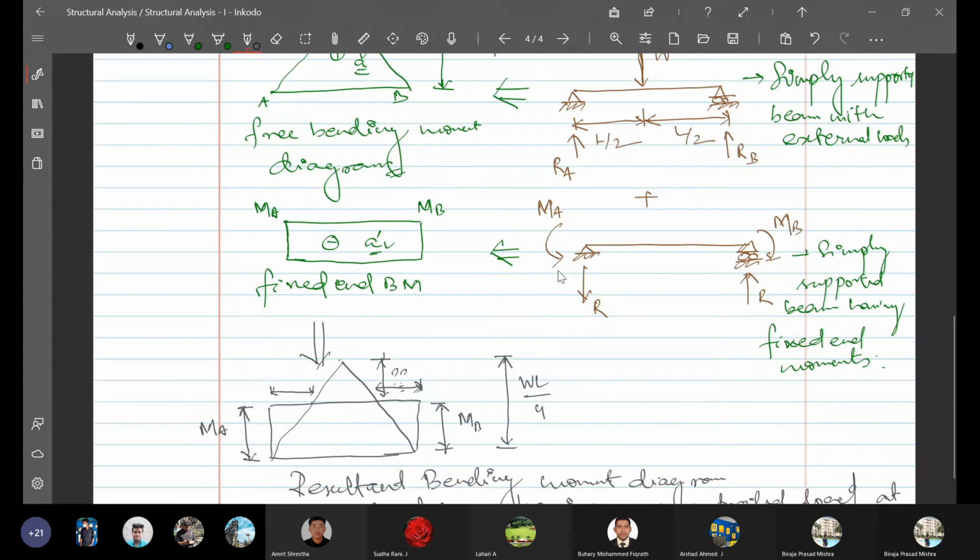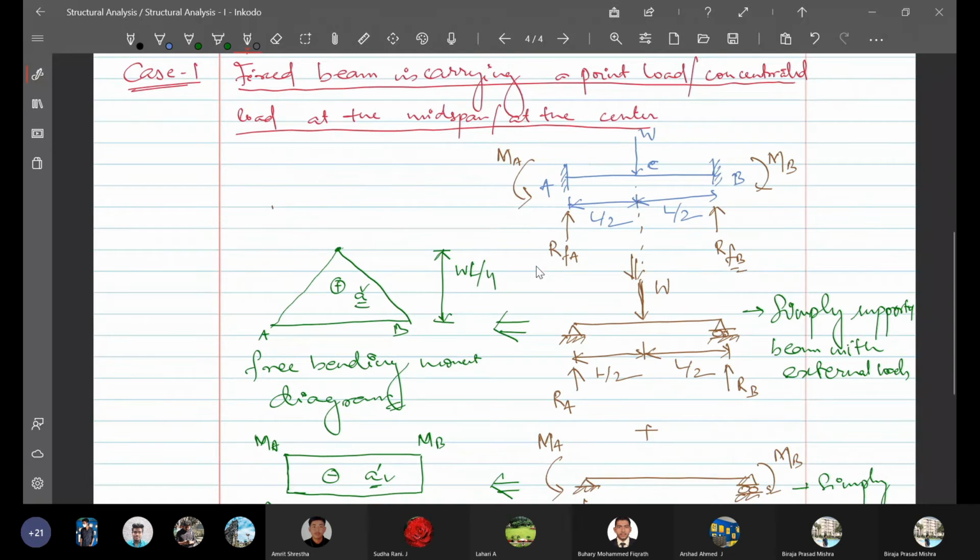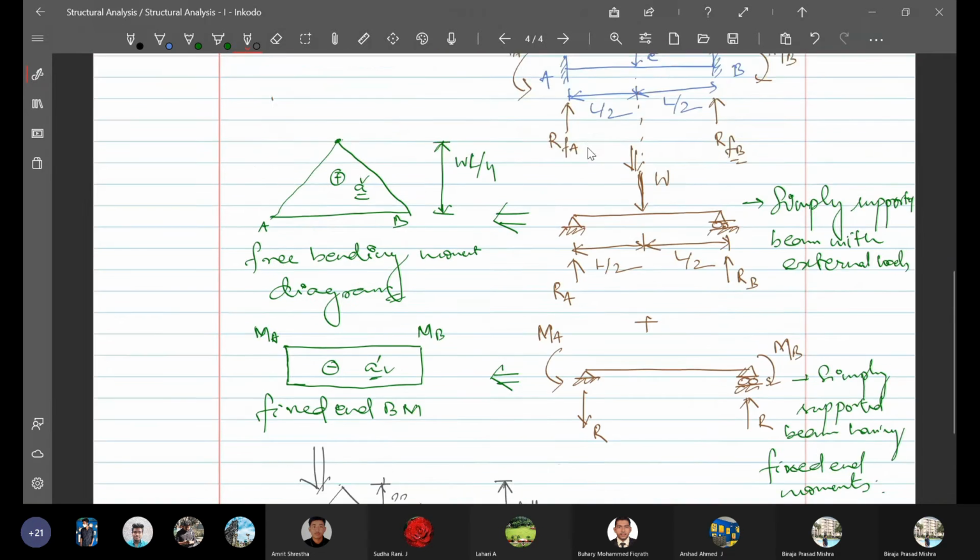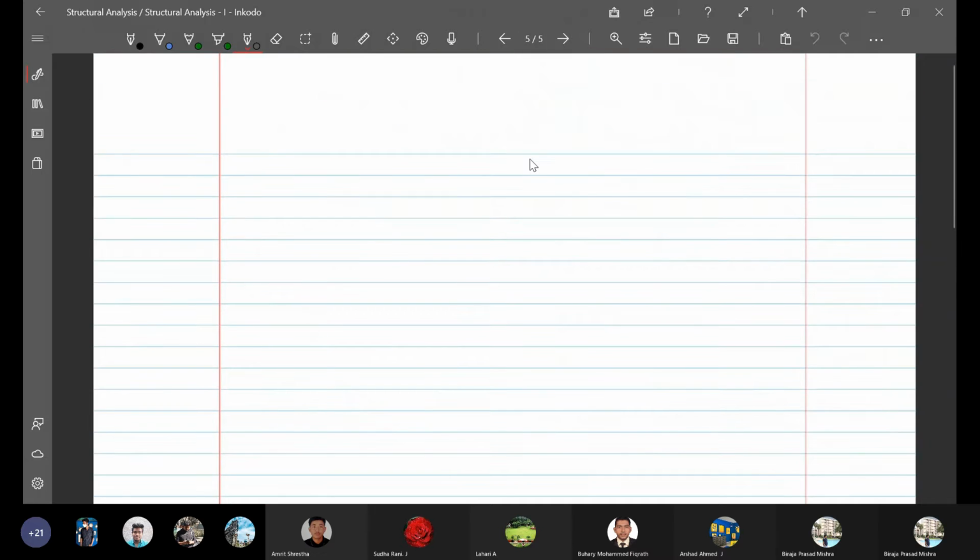I hope the concept behind the analysis of a fixed beam carrying a point load at midspan is clear like this. Let's write it in words. This is what I explained to you; you have to draw this also. Next, let's go to the writing part.